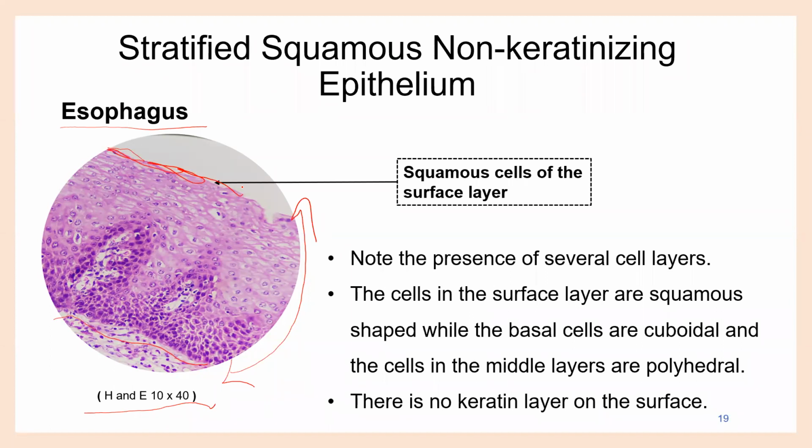That's why we call it a stratified squamous epithelium, and there is no keratin on the surface, so we call it non-keratinizing epithelium, because there is no layer of keratin on top.